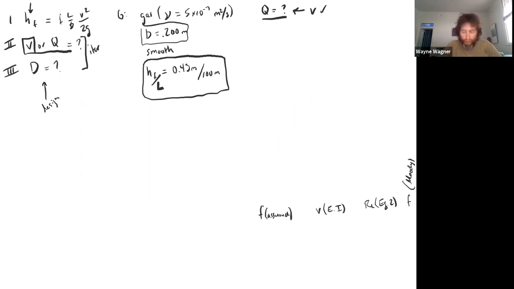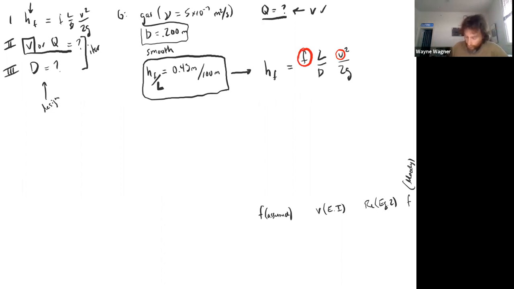So what we're going to do is work from here. I'm going to say HF equals F L on D, V squared on 2G. That's good because it has the thing I'm looking for right here. The problem is it also has F, which I don't know.